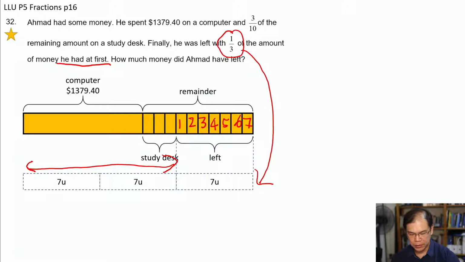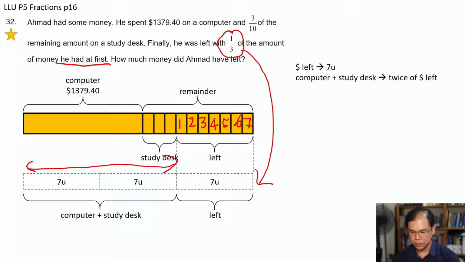The computer and the study desk together make up 2/3 of the money that he had. And if 1/3 of the money is 7 units, so 2/3 of the money would be twice of what he has left, which is actually 14 units.